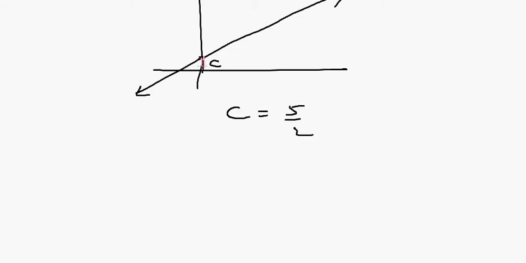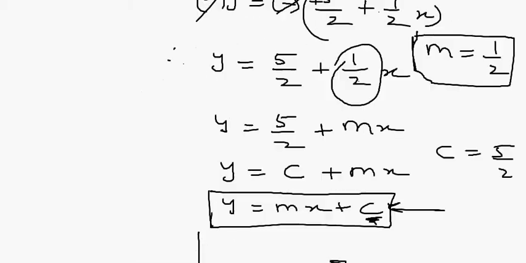So this length is 5 by 2. So what's this point? If this length is 5 by 2, that is y is 5 by 2, right? So I write y is 5 by 2. And what about x? x is 0, right? So this point is 0, 5 by 2. So this line is actually passing through 0, 5 by 2, and you can check it over here.